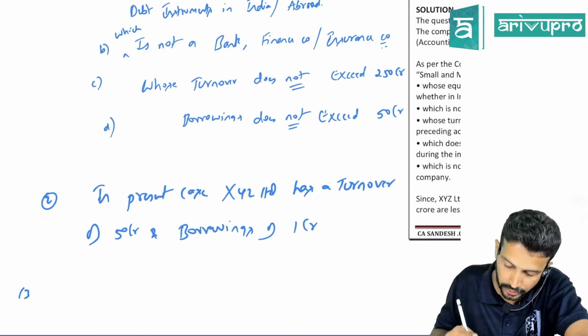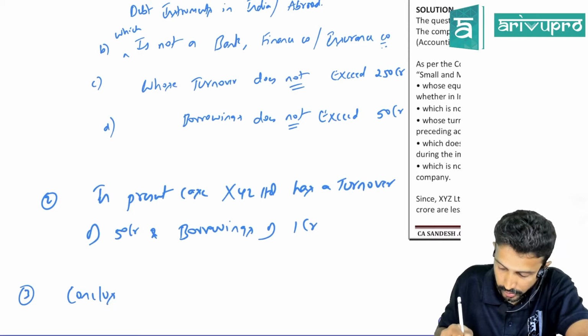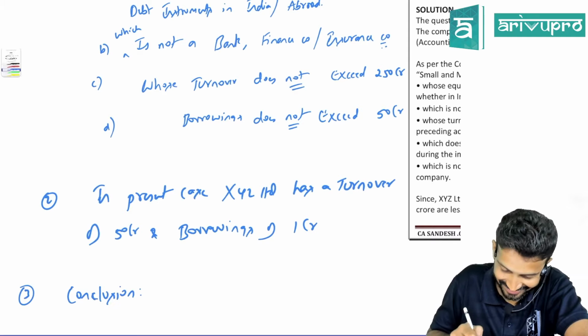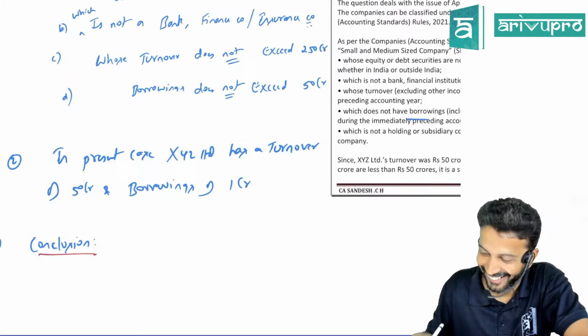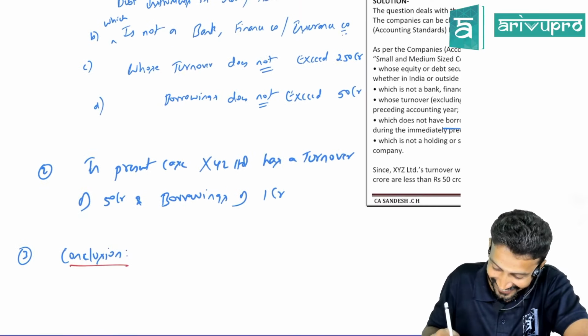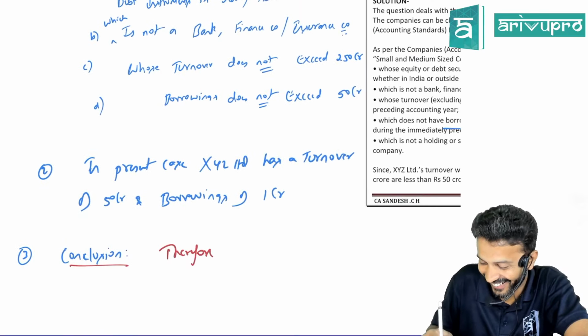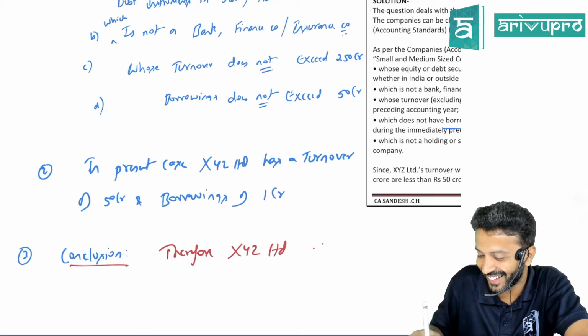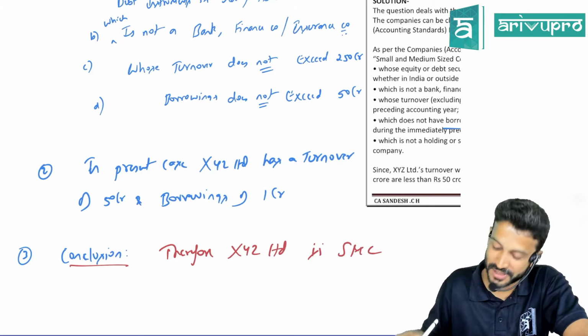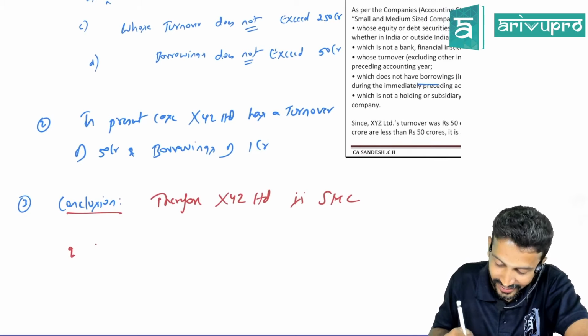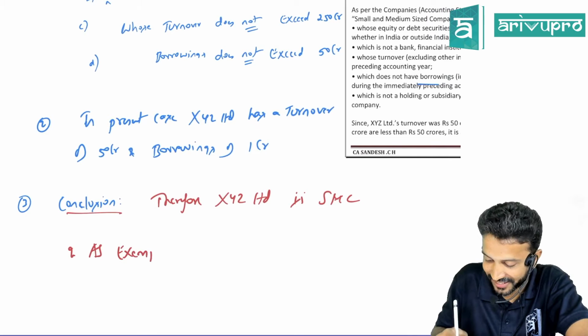And then you can write the final conclusion. Therefore, XYZ Limited is SMC and accounting standard exemptions are available.